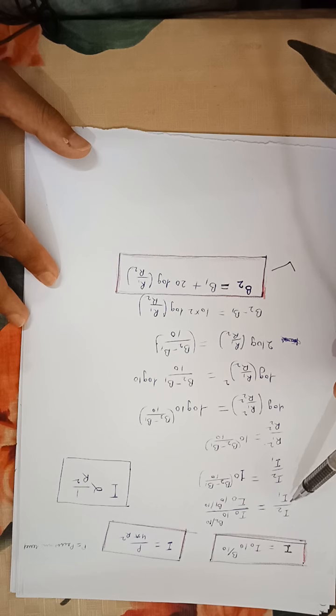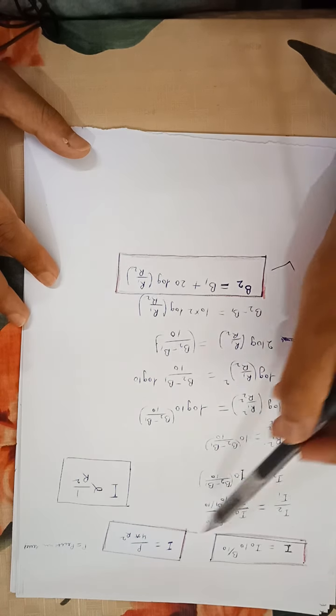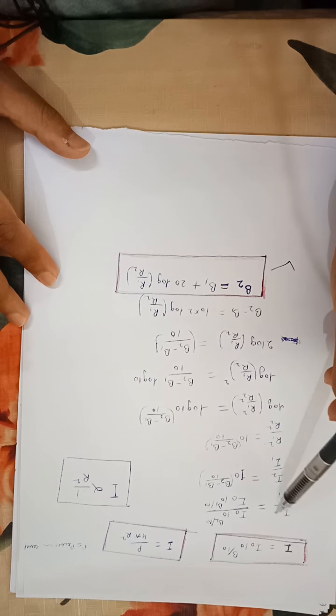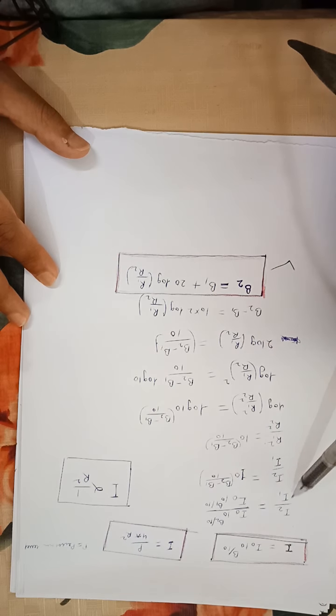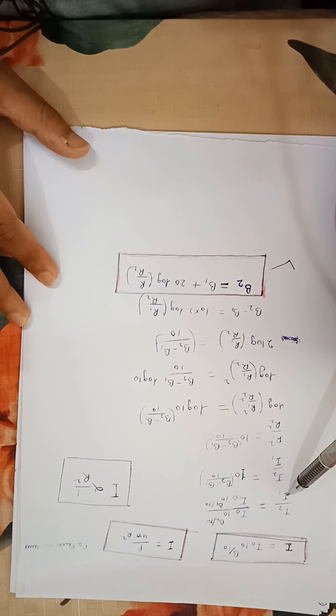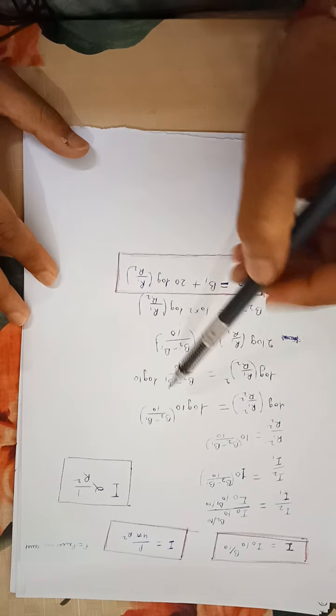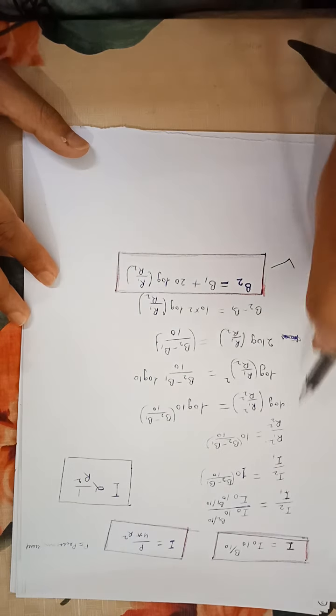I2 by I1 is equal to I naught, and if we take the ratio of this formula, putting the initial and final intensities I2 and I1, then we solve by taking the log.